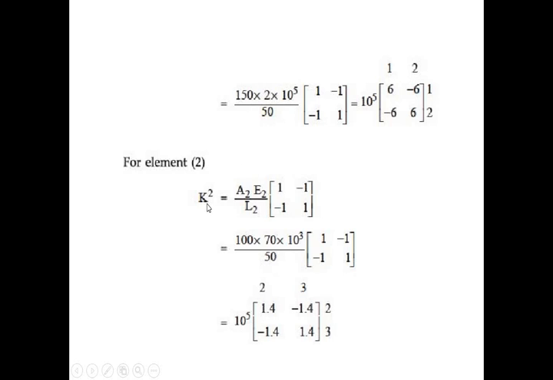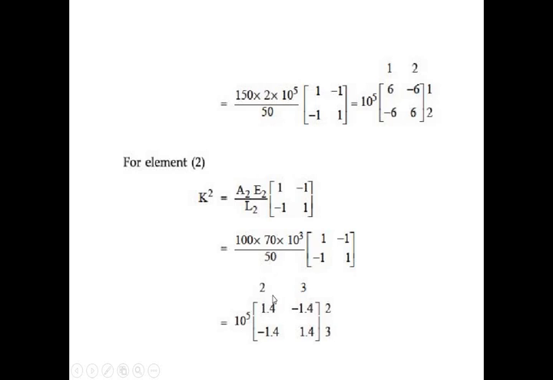For element 2, K2 is equal to A2 E2 upon L2 times the matrix [1 -1; -1 1]. By entering the values for A2, E2 and L2, you get the final answer as 10 raised to the power 5 times the matrix [1.4 -1.4; -1.4 1.4]. And this 2 3 represents the end nodes 2 and 3 for element number 2.